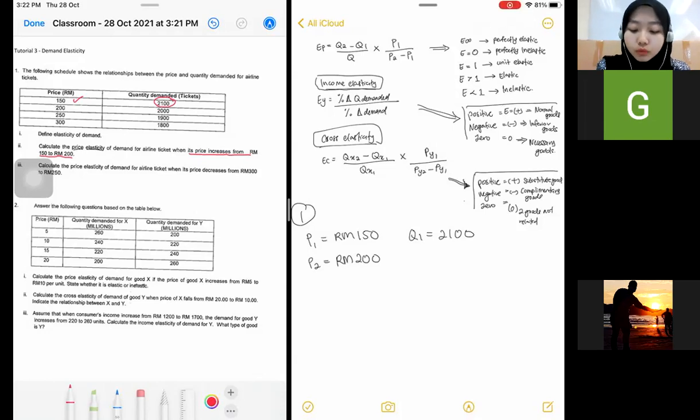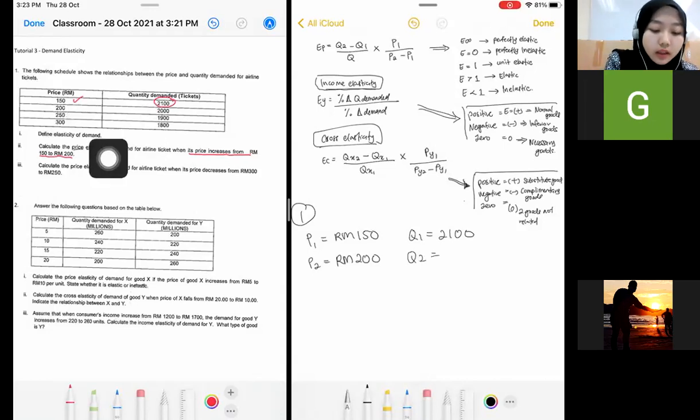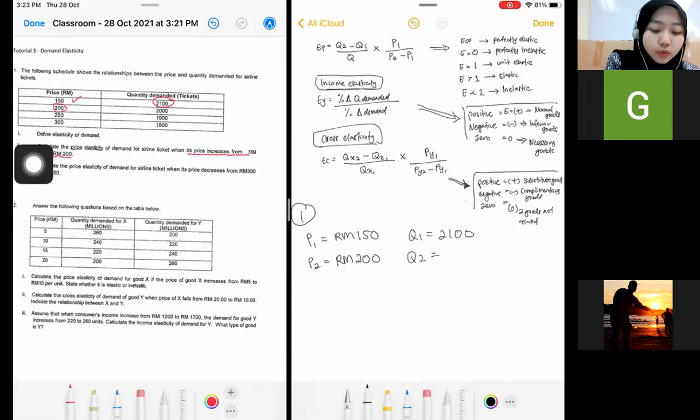And then your P2, Q2. Q2 is your new quantity after the price change, which is this one. When the price changed to 200, your quantity also changed to 2000. So this is your Q2.